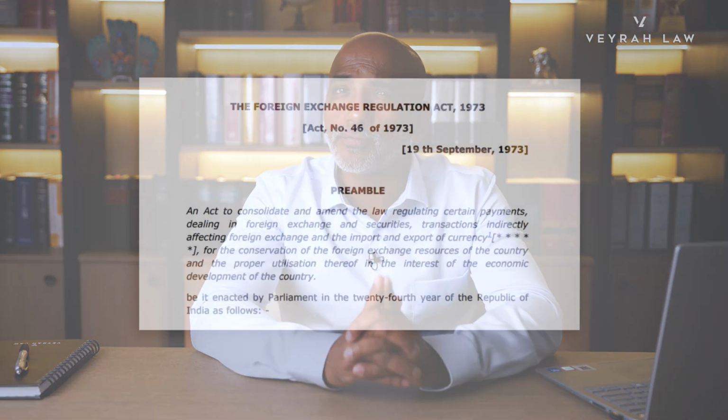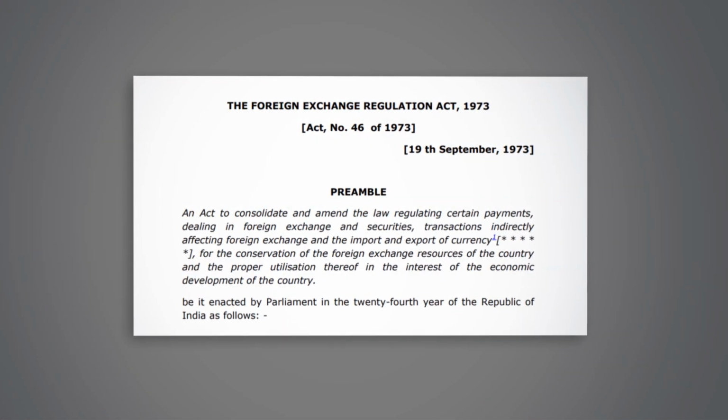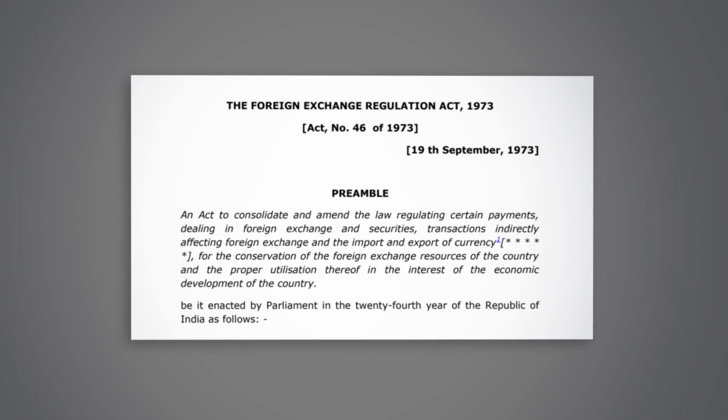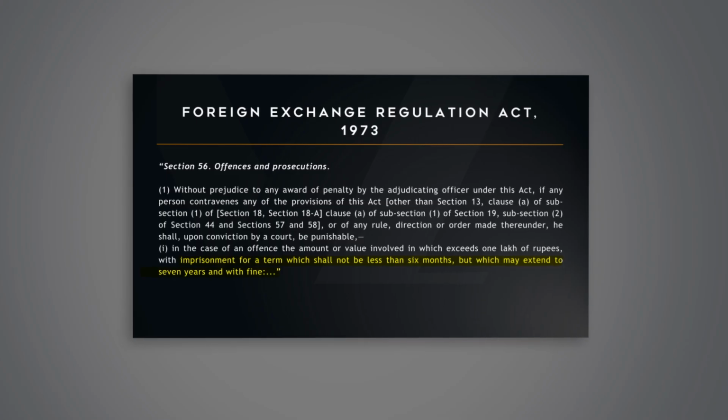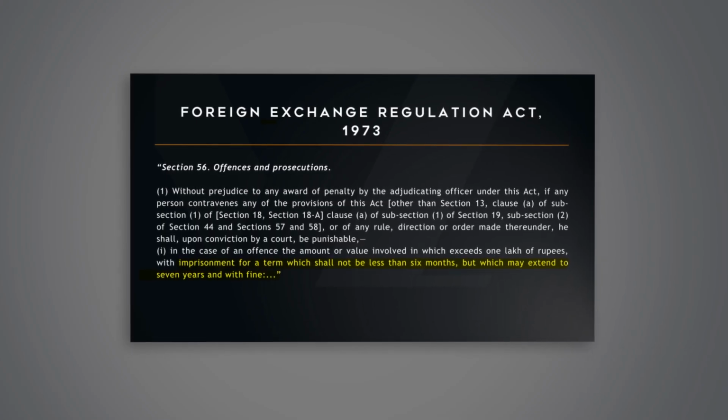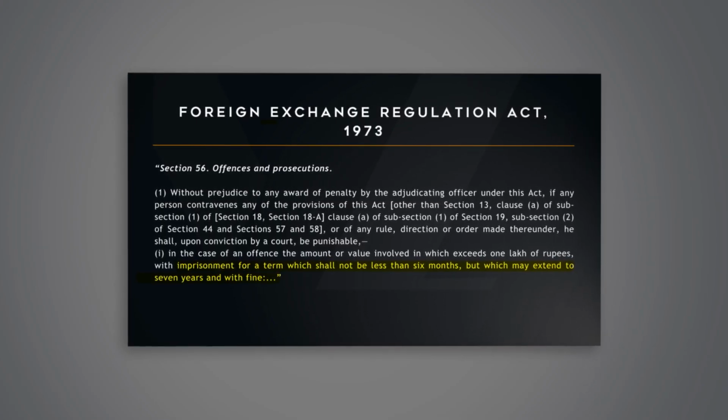But let's take a quick step back to understand the evolution of this present-day system. Before FEMA, India had the Foreign Exchange Regulation Act 1973, as it was then called, FERA. The FERA was a product of its time, a different era, a closed economy, strict controls, and even criminal action for violations. With the economic liberalization in the 1990s, FERA was replaced by FEMA in 1999.